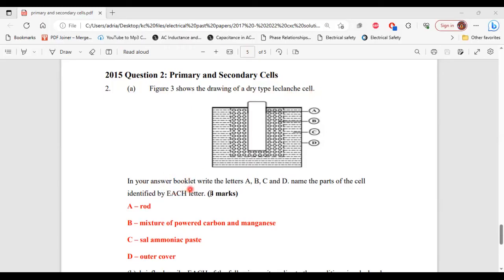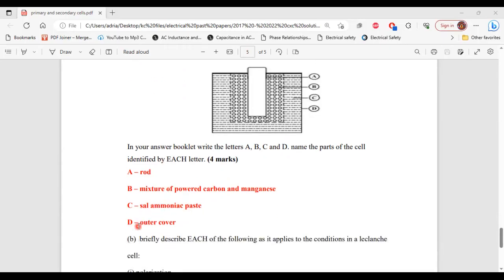In your answer booklet, write the letters A, B, C, and D. Name the parts of the cell identified by each letter. So for A, that's the rod. For B, that's the mixture of powdered carbon and manganese. For C, that's the sal ammoniac paste. And for D, that's the outer cover.